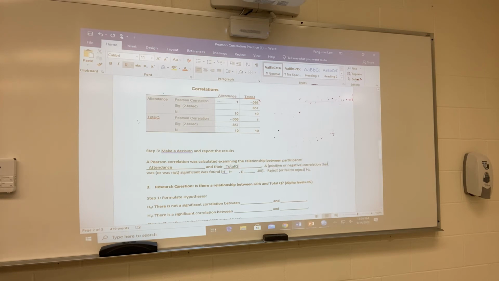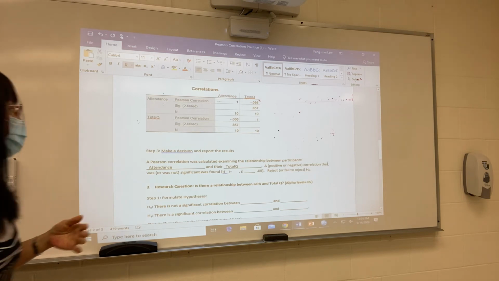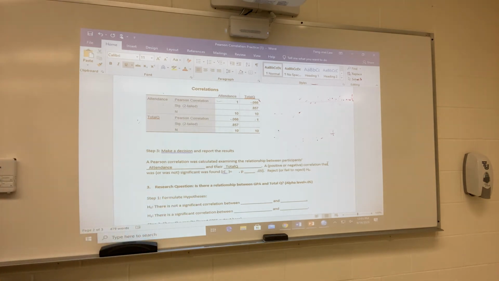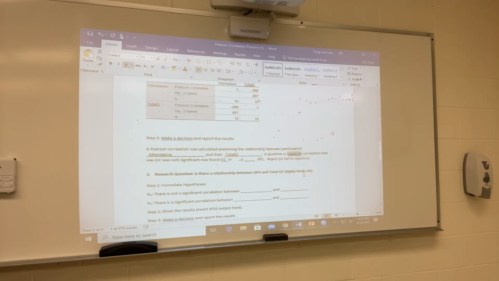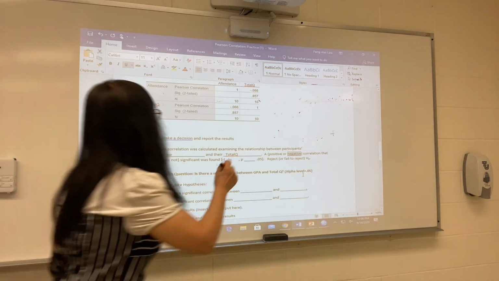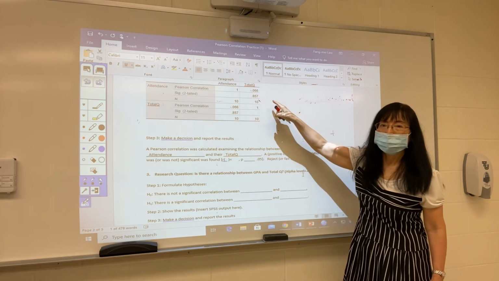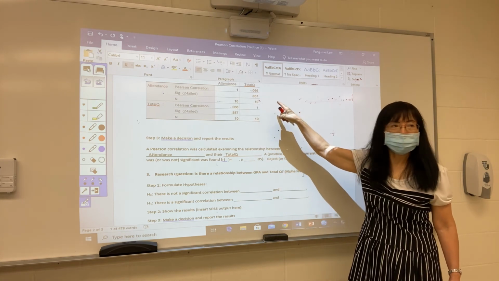Now, is it a positive or negative correlation for this one? Negative. Okay, so underline negative. Then look at this P. What happened to P this time? Is it still bigger than 0.05, right?